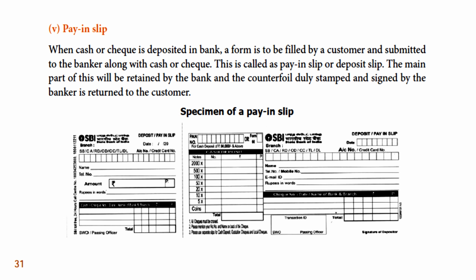So here is the specimen and you can see the name must be there, and the bank account number, and the amount how much we are going to deposit. We need to write it clearly in figures as well as in words. And also here the amount, maybe 2000 means how many notes or currency, like 2500, 100.